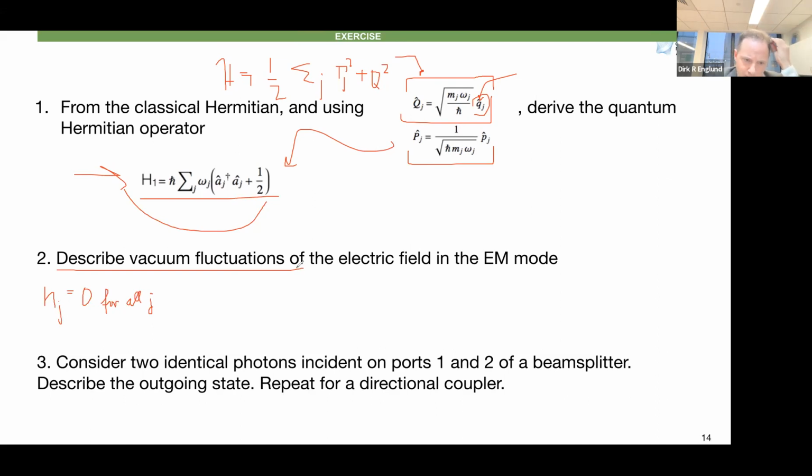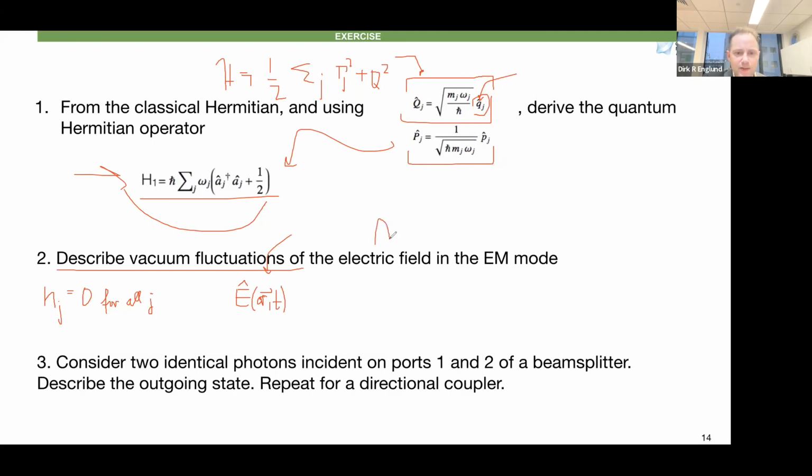Okay, so we want to know the fluctuations in the electric field. So we have the electric field operator at position r and time t. Now remember, we have that from earlier from the slides. So we want to assign what are the fluctuations.